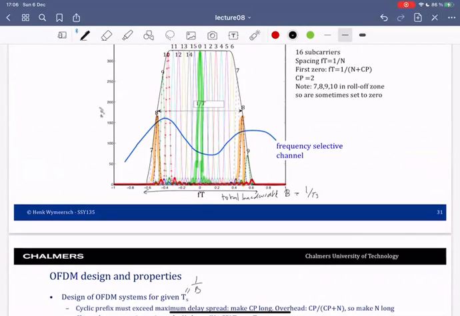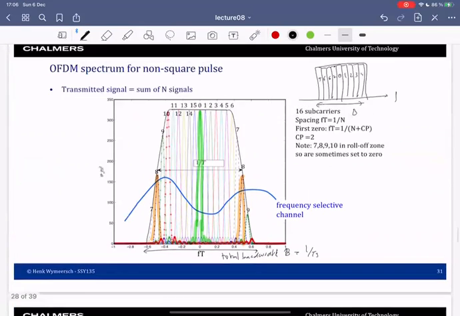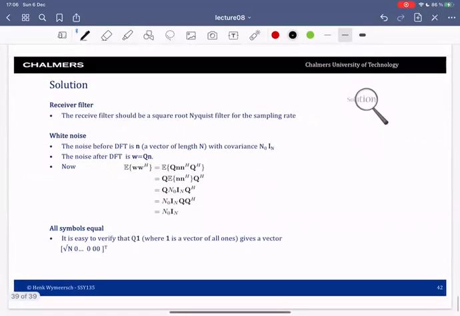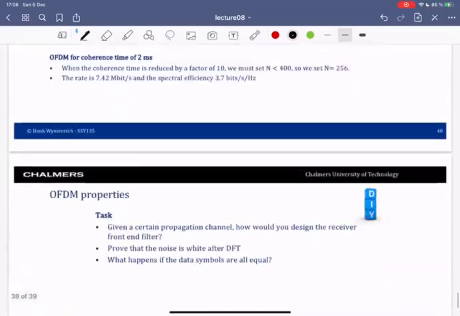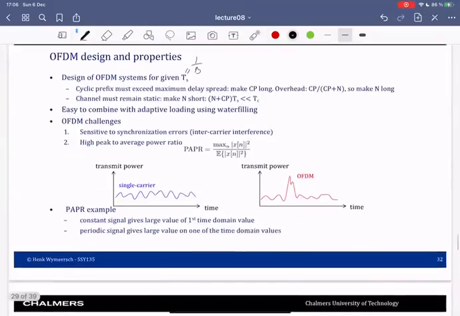So it is true that in OFDM, I have a certain total bandwidth B, and I'm creating smaller channels, each with a bandwidth approximately B over N, right? But they're not spread out as nicely as you would think. Instead, they have a more complicated behavior. All right, so we go back here.